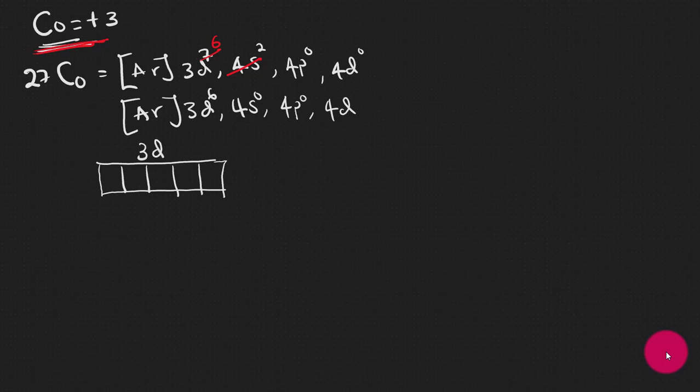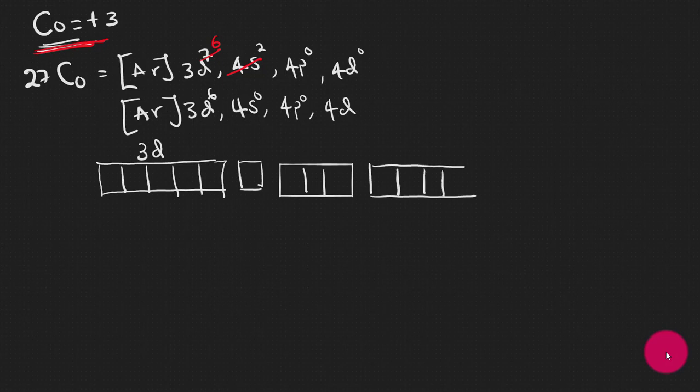Then we have the s orbital, which is usually only a box because it takes a maximum of 2 electrons. Then we have the 4p, which takes a maximum of 6 electrons, which is always 3 boxes. Then we have the 4d, which takes a maximum of 10, 1, 2, 3, 4, 5.